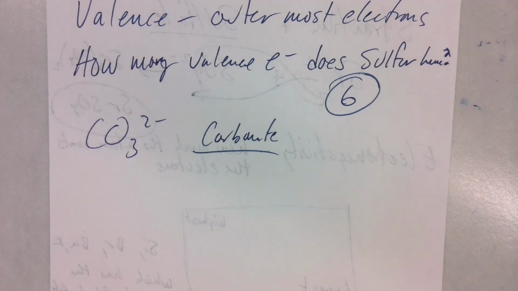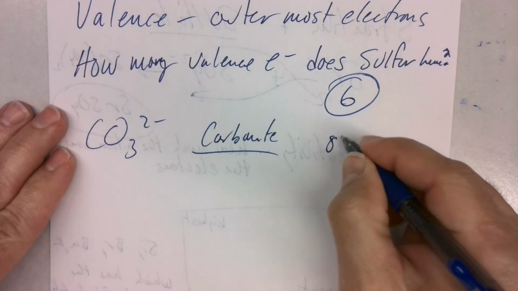Well, if they give you any of those polyatomics and they ask you about its valence, anybody want to guess what its valence is always going to be? Not its charge, just its valence. How many valence electrons do all those polyatomic ions have? It's always an 8.